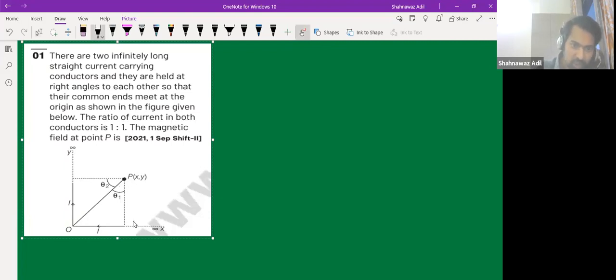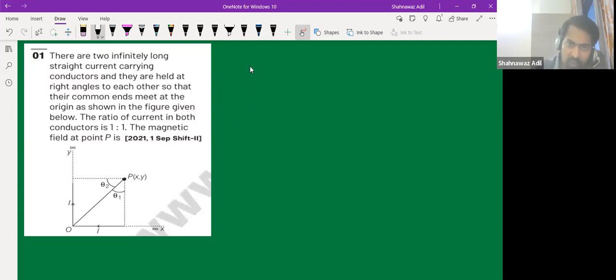For this one, what kind of wire is this? We have one wire which is OY.